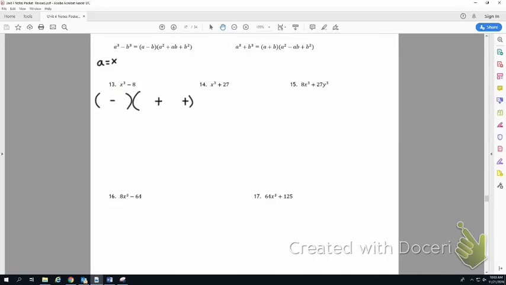X. What is my B value? And then I'll just fill it in according to that pattern. I've got A B, then I have A squared, and give myself room on this one, A B, B squared. On the sum and difference of cubes, that's all you've got to do. You're done. You won't be able to factor this one any further.